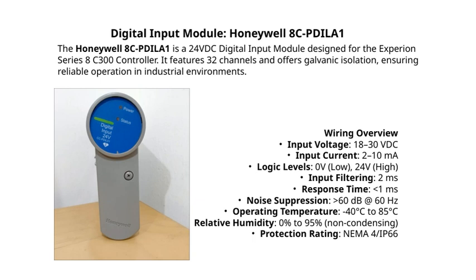It features 32 channels and provides galvanic isolation, which is vital for ensuring reliable and safe operation in industrial environments by preventing electrical faults from propagating across the system. Connecting all these points, this wiring overview emphasizes durability, reliability, and precision, key themes when designing robust industrial control systems.